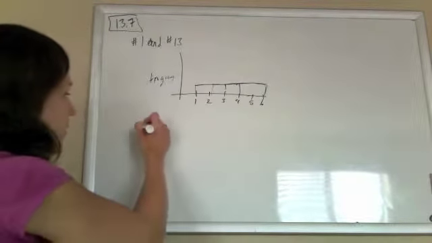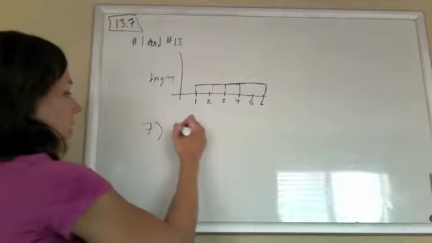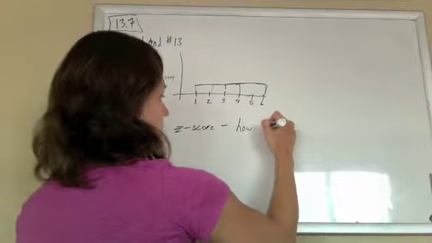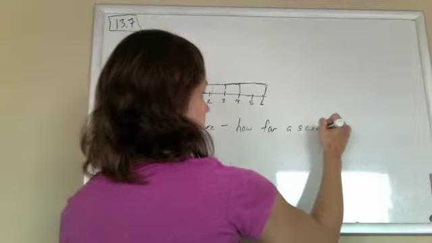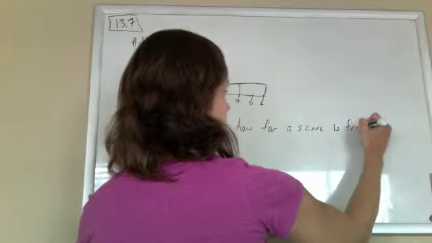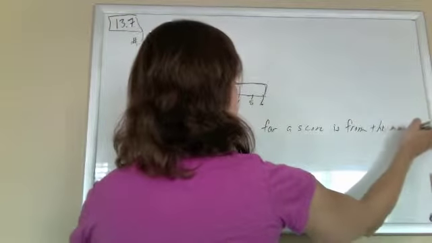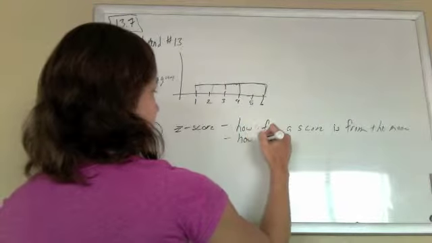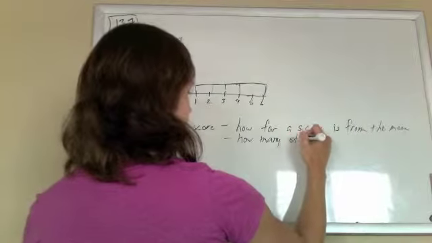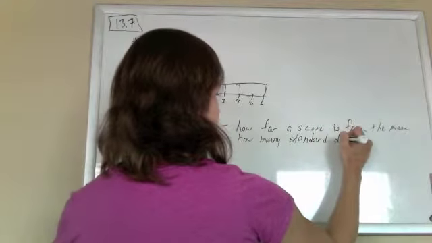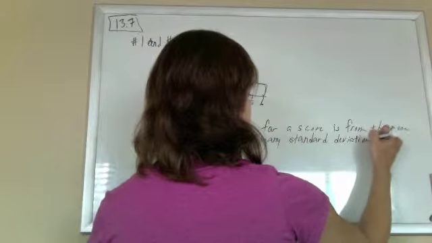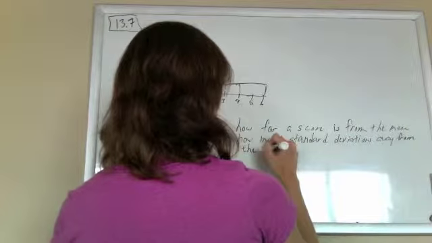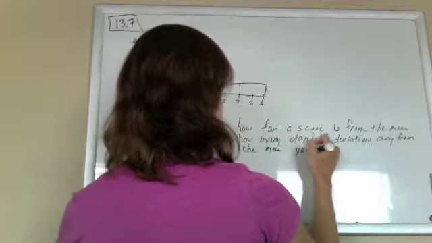For number 7, when they ask what a z-score means, the z-score describes how far a score is from the mean, and it does it in terms of standard deviations. Basically, how many standard deviations away from the mean your score is.